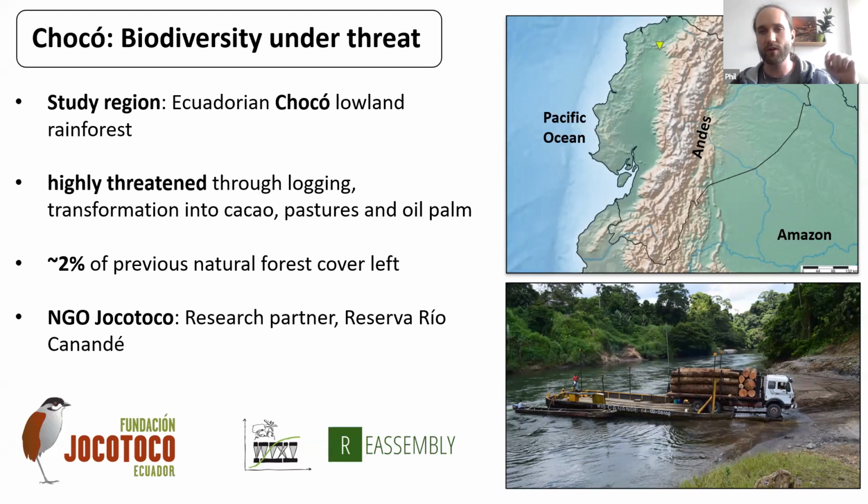But the Choco rainforest is actually just this tiny little tip on the northwest of Ecuador, where it connects via Colombia to Panama to the more Mesoamerican forest system. So overall, this region is much more similar to Central American forests than to the Amazon, despite the Amazon being much closer, geographically speaking.